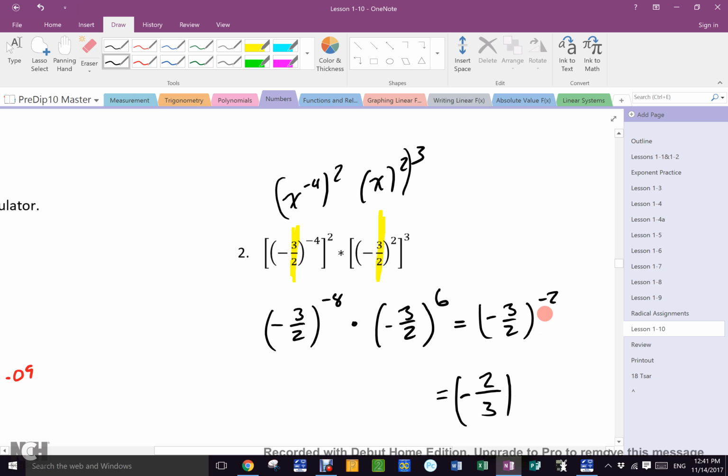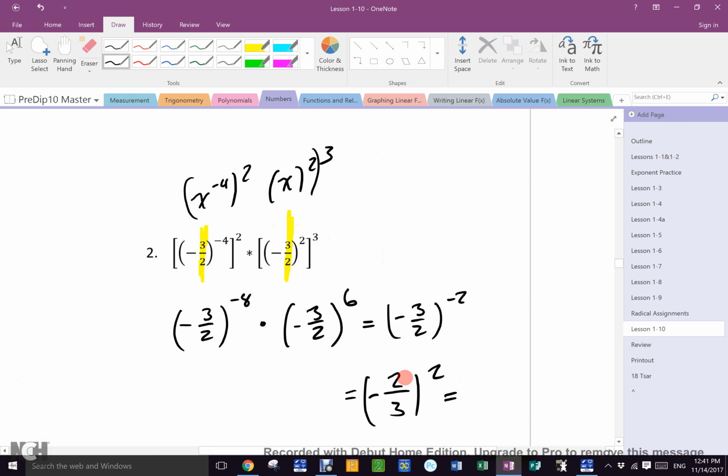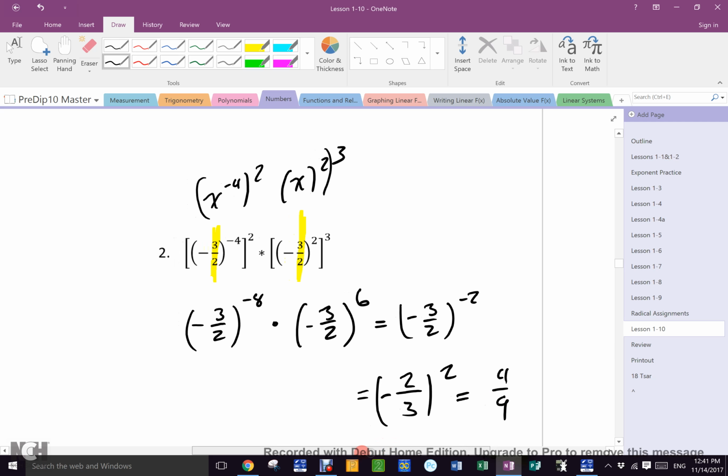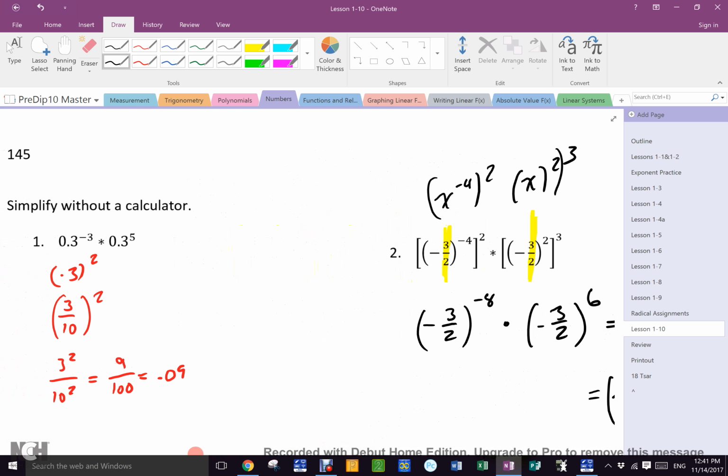No. Does it change this? Yes. So now it's just 2 times 2, 4, 3 times 3, 9. Is it negative? No, of course not, because the negative was part of the base. Everybody good? All done without a calculator in our heads where math should be done.